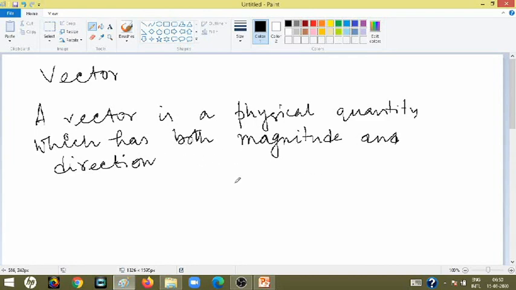Now let us consider a point of origin. This is O and this is, suppose, a vector A, and the direction is here.